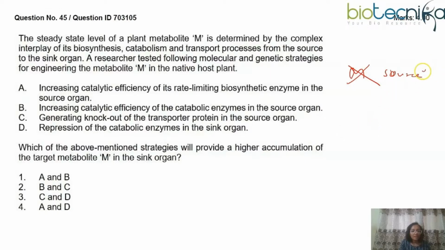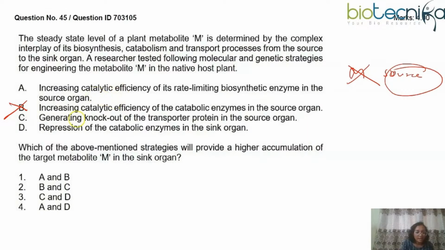If you are making the catabolic enzymes more efficient at the source itself, will you have higher levels of M at the source? No, right? As soon as they are biosynthesized, they will be broken down. If metabolite levels are low at the source, then automatically they will be low at the sink. So B is not a strategy for higher accumulation of metabolites in the sink.